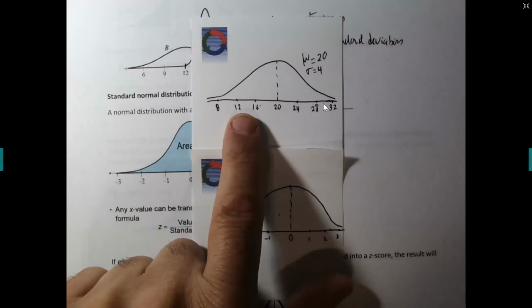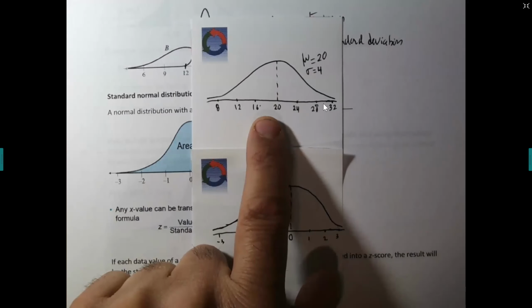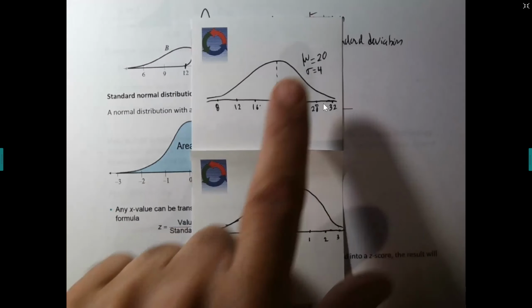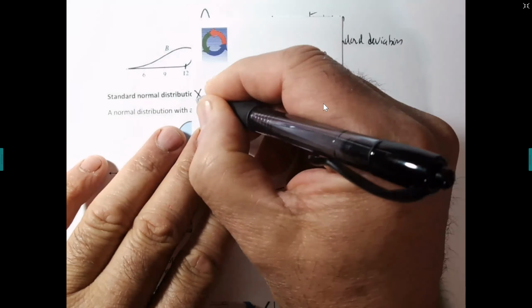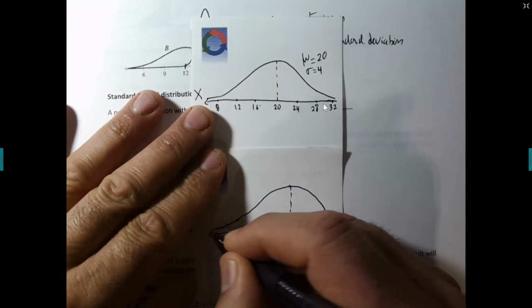I put 3. 16, guys, is 4 points below 20, and each 4 means 1 standard deviation. I put a -1, -2, -3. Do you still remember what we call those values? 1, 2, 3, -1, -2, -3. What did we call them in chapter 2? Z-scores? Yes, z-scores. So here, these are the actual x values, guys, and here they are the z values, the z-scores.